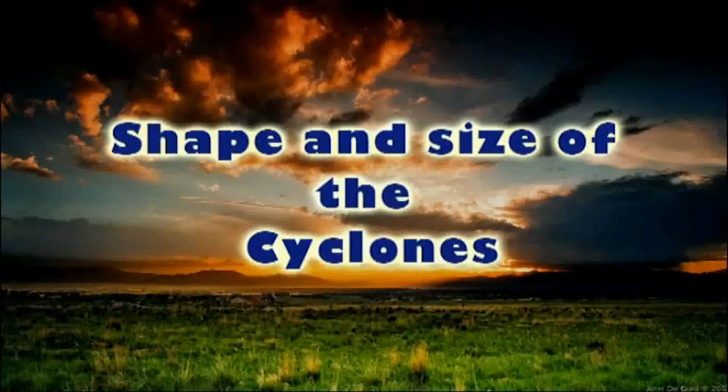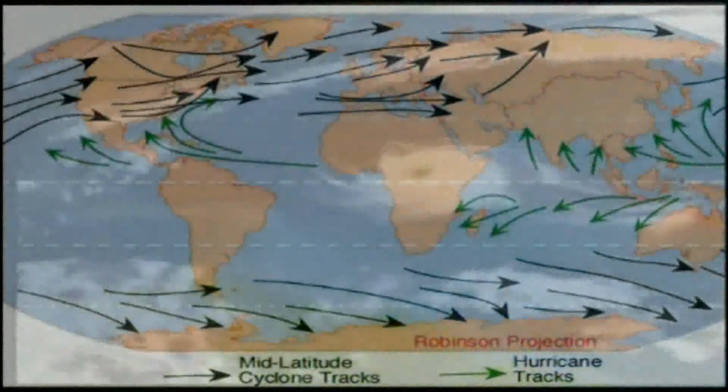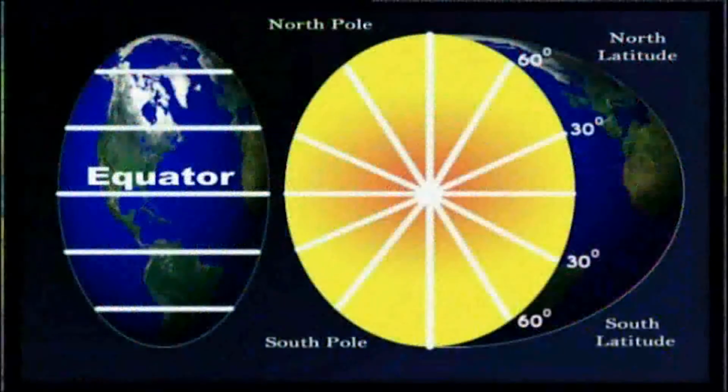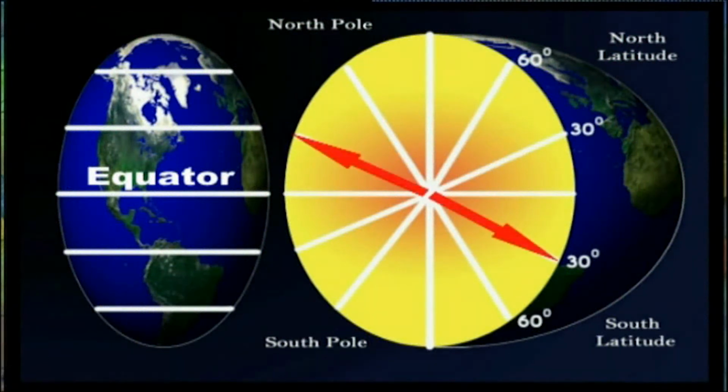The shape and size of the cyclones. There is a great degree of variation in shape and size of mid-latitude cyclones and anticyclones. Generally, the isobars are circular or elliptical, but in certain cases the isobars take the shape of a V. The axis of this type of depression is oriented towards the southwest to northeast direction.